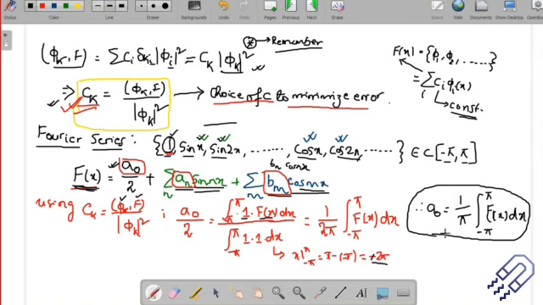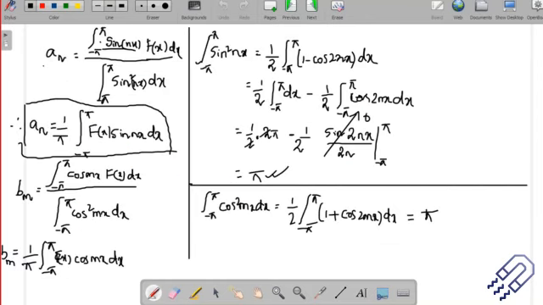When we do Fourier series analysis, these are some of the results that we need to remember, and how we are going to use these results is something we are going to look into today. We can also calculate an, and we are going to get this result. Then we do it again for bn, and we get this.